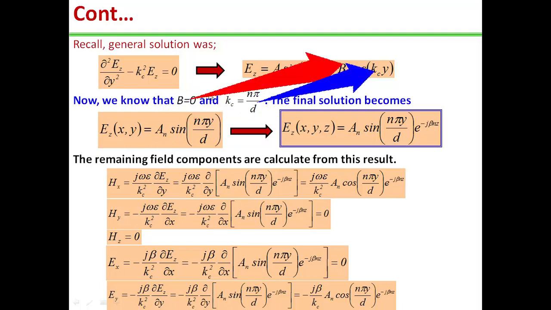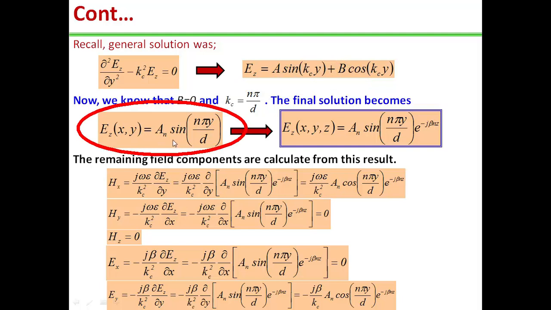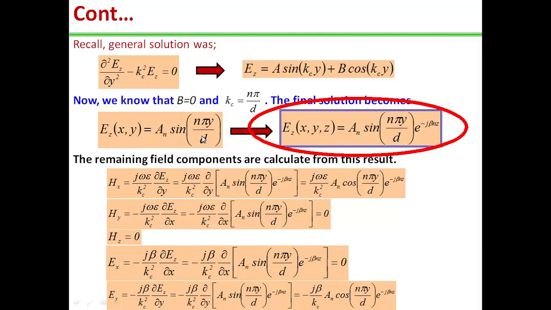Now after putting the values of B and Kc, we have the final solution of Ez, that is Ez(x,y) is equal to An sin(n pi y by d). And the wave is traveling in the z direction, that is the forward wave traveling direction. So we can write Ez(x,y,z) is equal to An sin(n pi y by d) e to the power minus j beta n z.